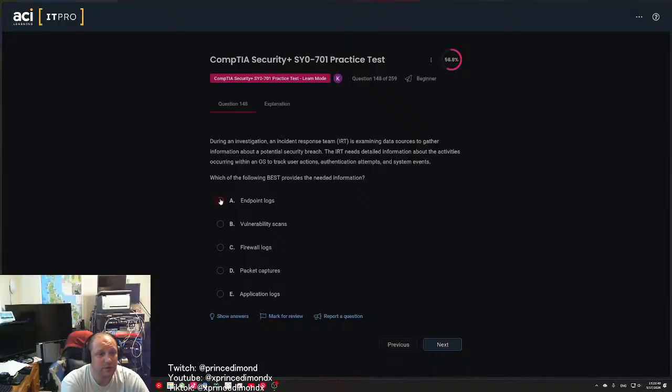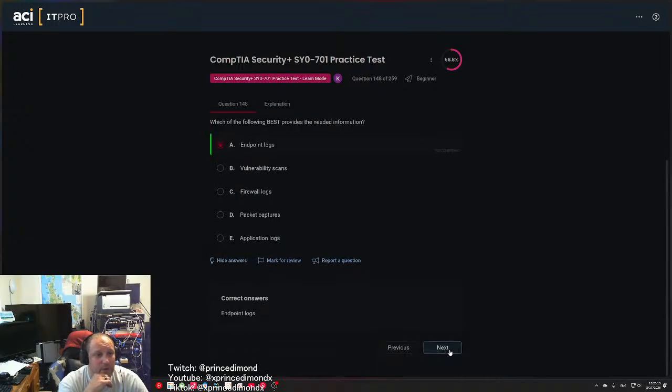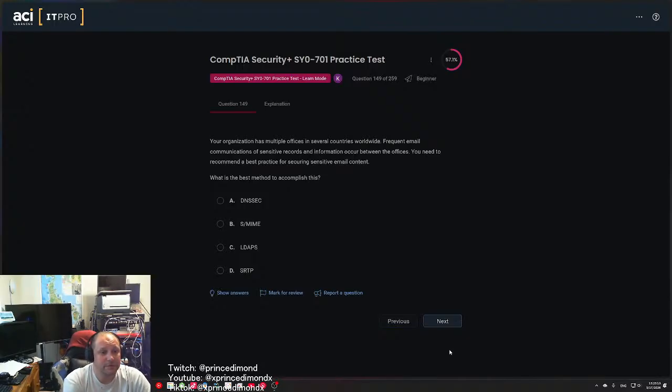It's going to show all the OS user actions for that endpoint. Within an OS. Yep, so that's going to be endpoint logs. One more to go after this.